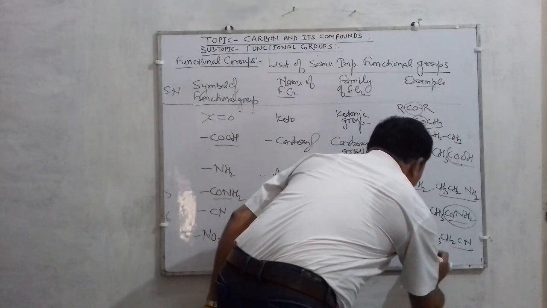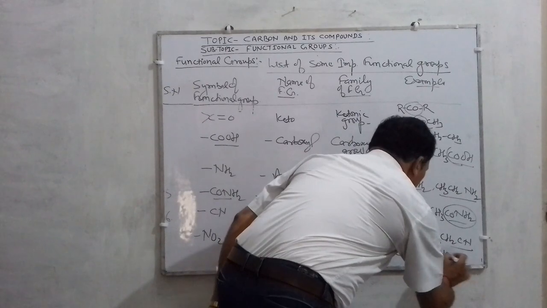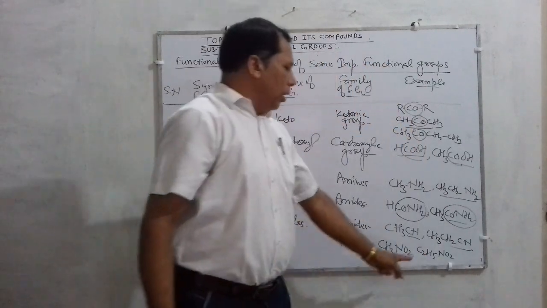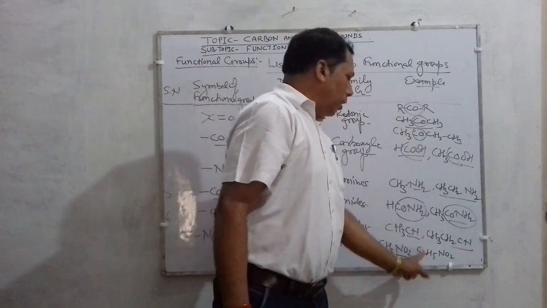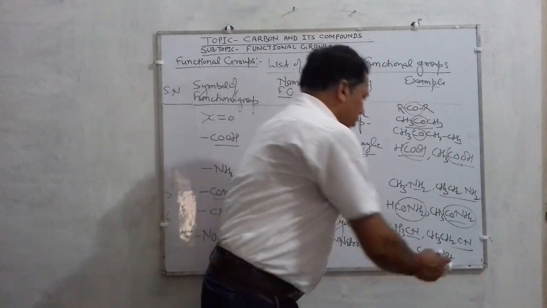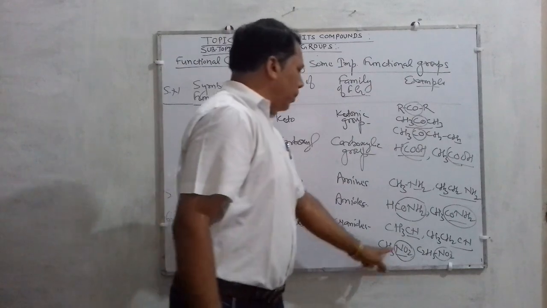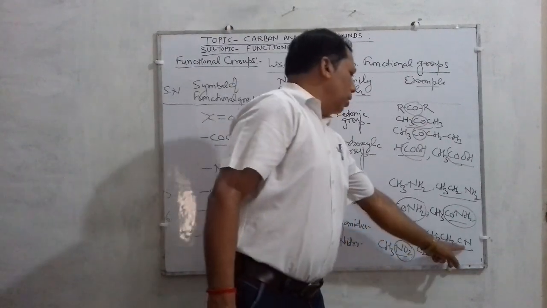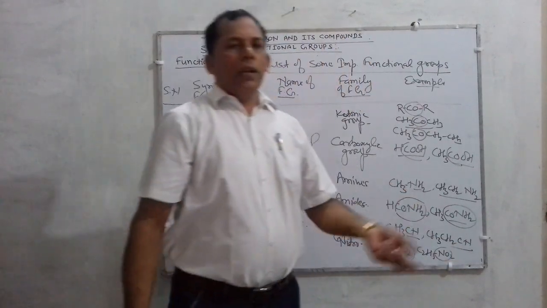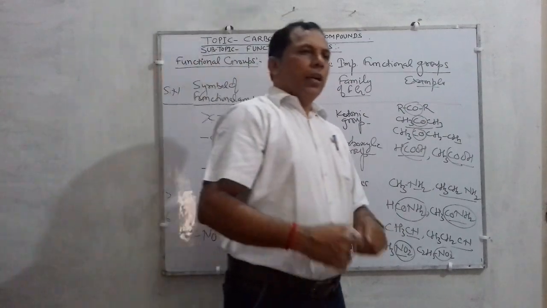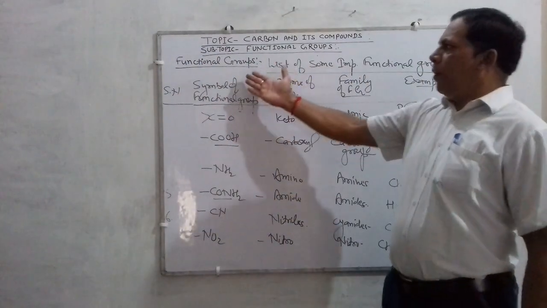Similarly, other example C2H5NO2, ethyl nitrite or nitroethane. So in this NO2 is a function group called nitro function group, and in this CN is the function group called nitriles or cyanides. So children, this is all about the function group.